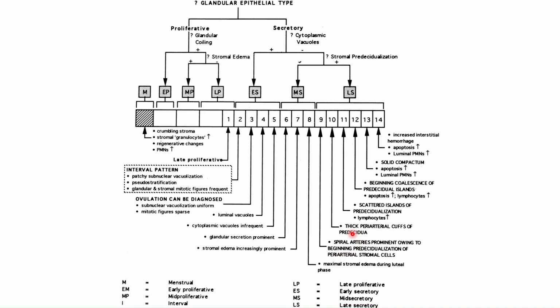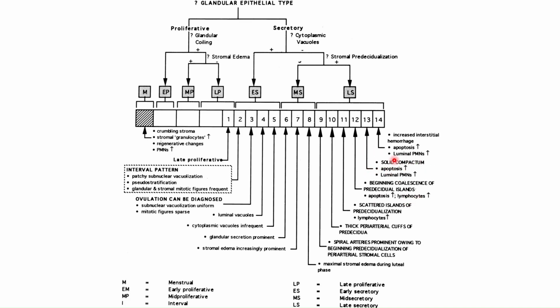Day 10 shows thick periarterial cuff of predecidual cells. Day 11 shows lymphocytes are increasing in number. At day 12, there is presence of apoptosis and lymphocytes.